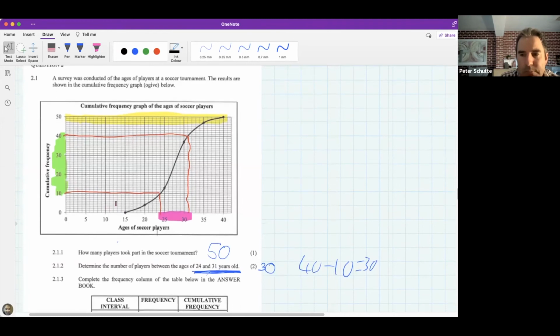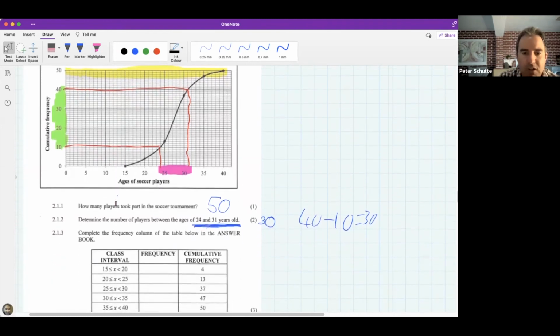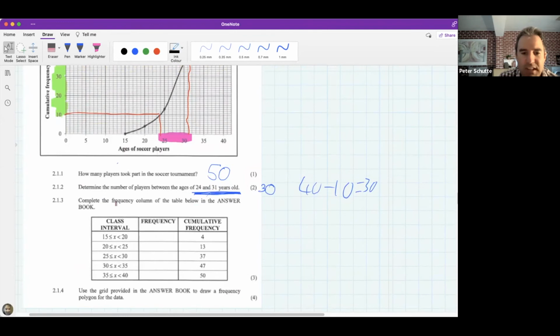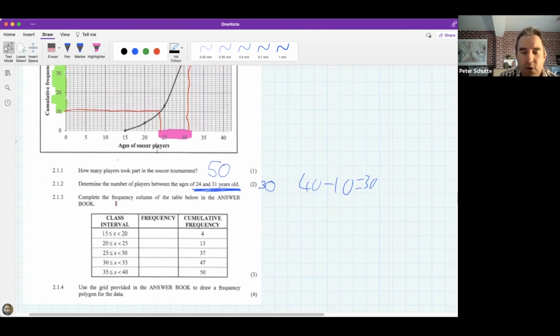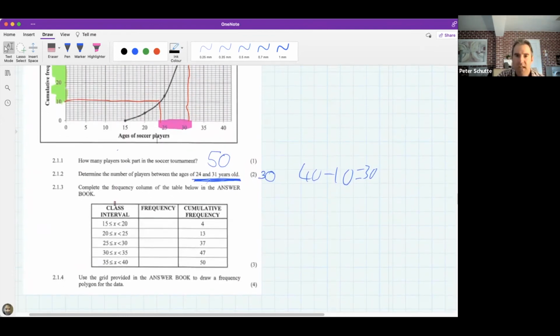Okay. Let us move on to the second part of the question. And this is a bit more sneaky. We're not going to do the whole thing here, but we'll do some of it. I want you to work out the frequency column.